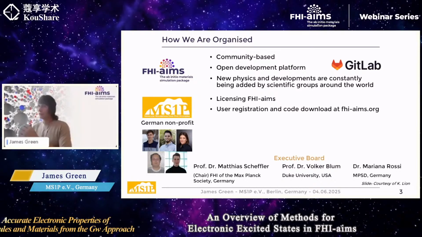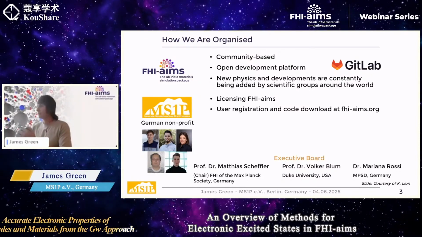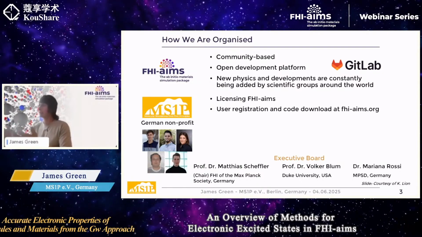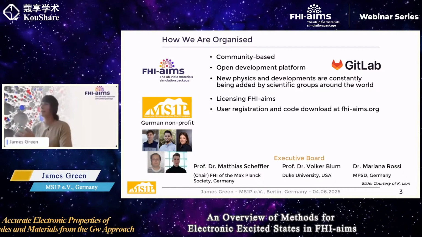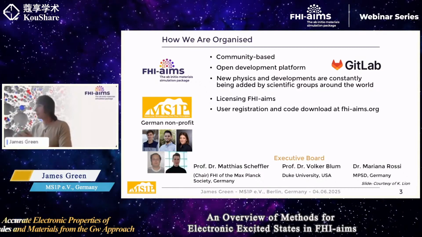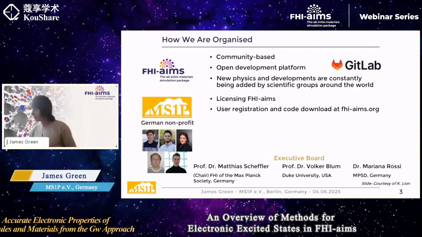And once you have a license for FHI-aims, you can register on the GitLab and have full access to the source code plus wiki pages and issues and things like this. And you can also download the code or release versions of the code at our website, or at the FHI-aims website.